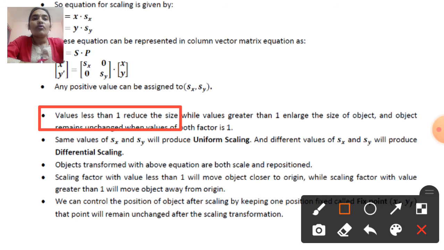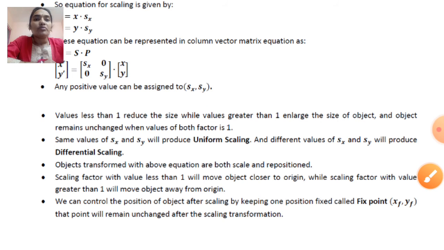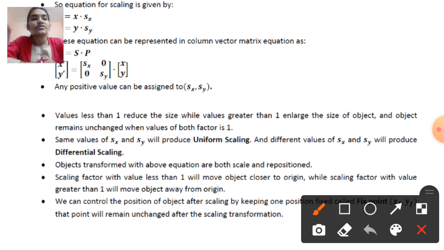Values greater than 1 enlarge the size of the object. The object remains unchanged when the values of both factors are 1.